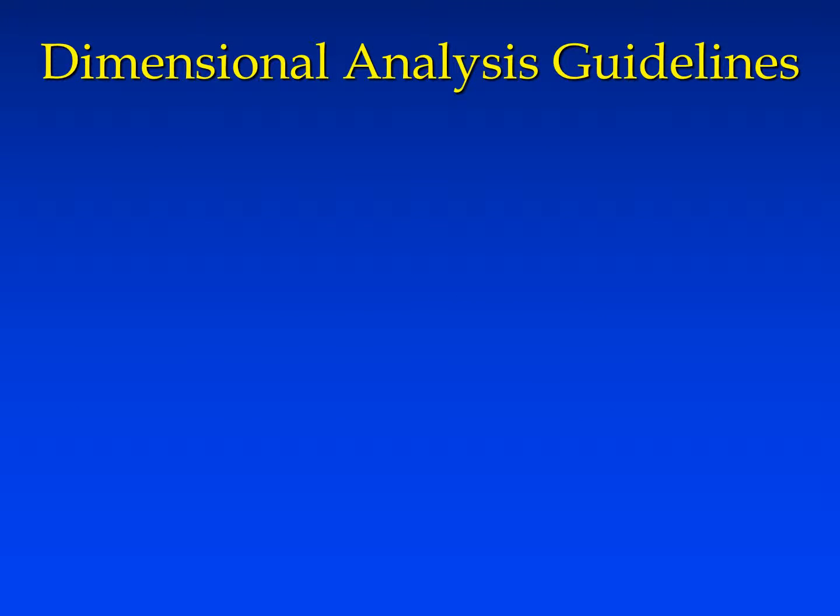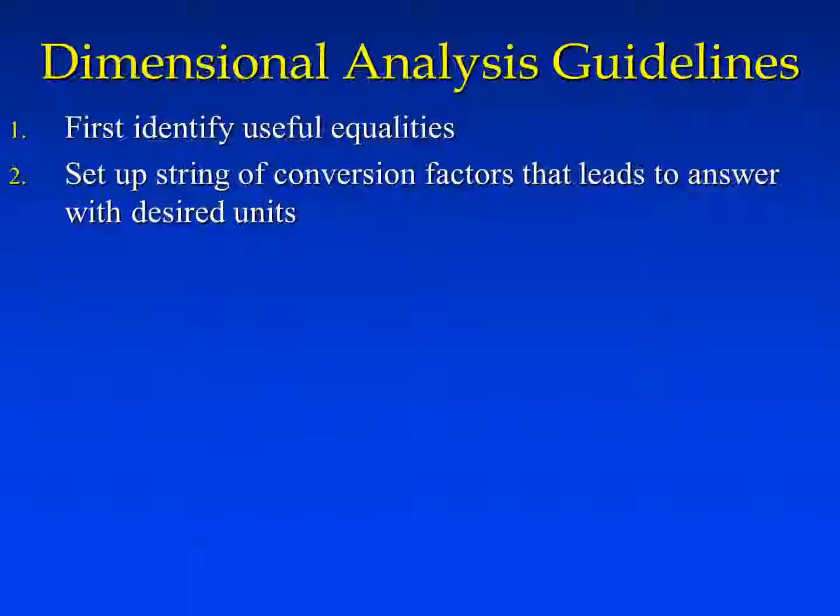Here are some guidelines that I recommend you follow when doing dimensional analysis. Right now, dimensional analysis for these calculations is somewhat simple, but later it will become more difficult and it's easy to get confused. So start these good habits now. First, you identify useful equalities, true useful equalities. They have to be equalities, mathematical relationships that are true.